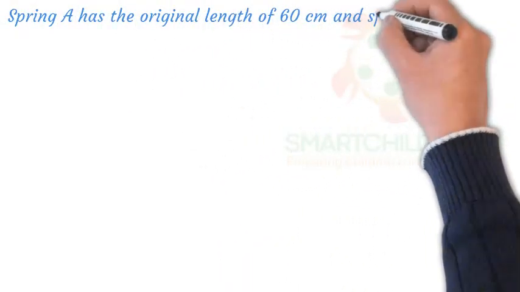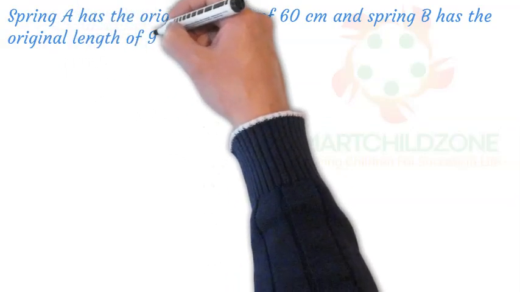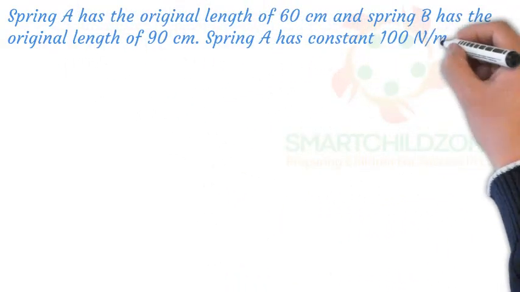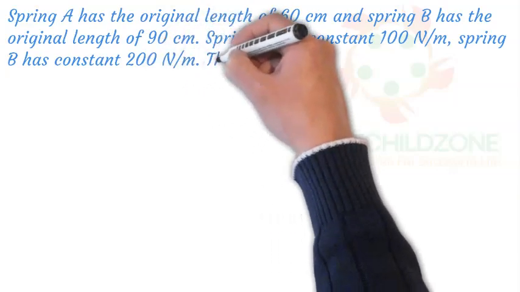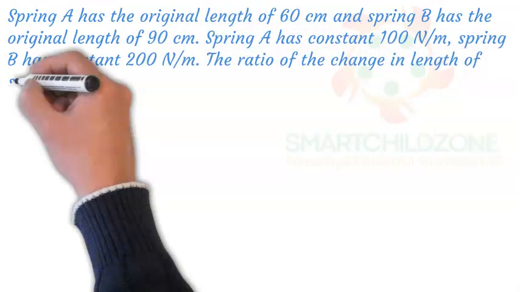Spring A has the original length of 60 centimeters, and spring B has the original length of 90 centimeters. Spring A has constant 100 Newton per meter, spring B has constant 200 Newton per meter.